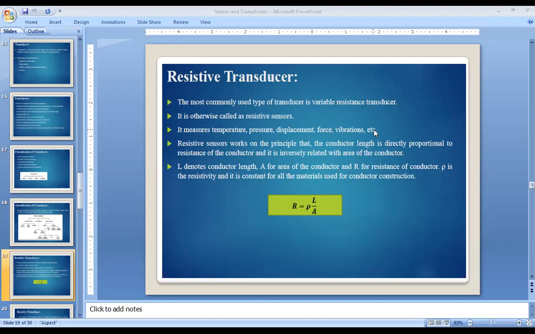If the temperature changes, the resistance value will change. Now, a resistive sensor works on the principle that the conductor length is directly proportional to the resistance of the conductor and inversely related to the area of the conductor. Here L indicates the conductor length, A indicates the area of the conductor, R is the resistance of the conductor, and rho is the resistivity of the conductor. It is constant for the material used for construction.